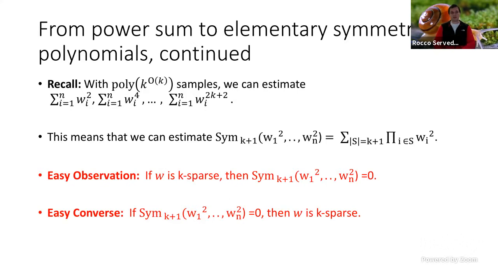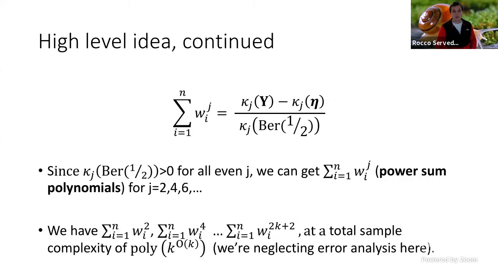And again, reminding ourselves from a few slides back, we can estimate these power sum polynomials with just k to the k samples. This is because the sample complexity really came from the denominator here: the fact that the jth cumulant for the +1, -1 distribution was like j to the j.